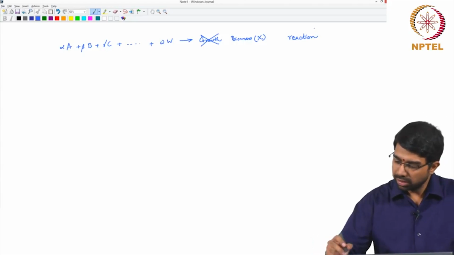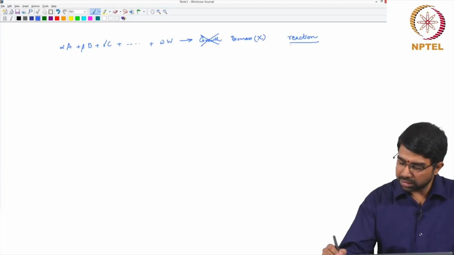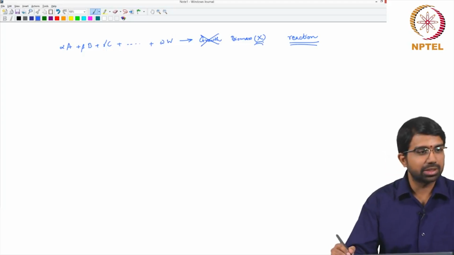Fair enough. So, what would be needed for the cell to produce this metabolite? We now call this a fictitious metabolite.